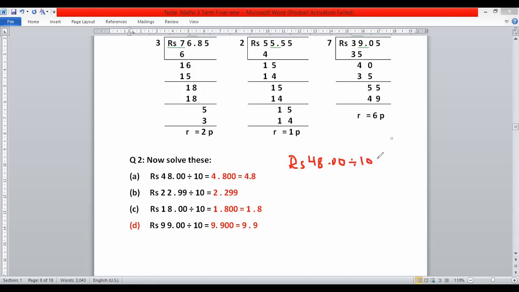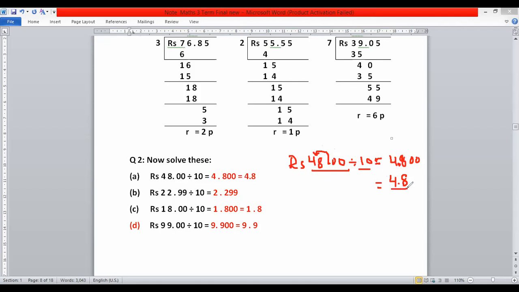Dear students, in this situation, first we will copy the same number 4 without the point, 8 0 0. So when we divide by 10, it means we shift the point one digit from right to left. So we put the point after 4 and before 8. So 4.800 means 4.8, because after the decimal point there is no value of 0. So you can write 4.8.